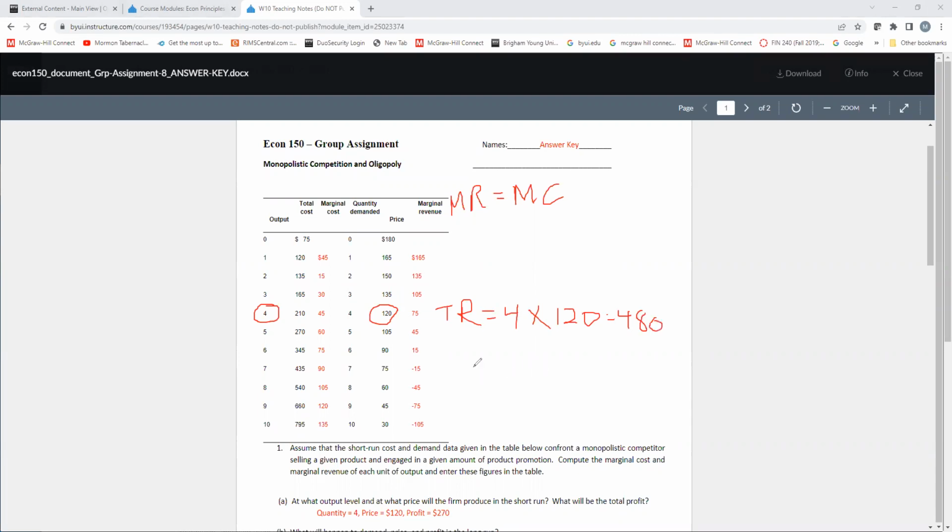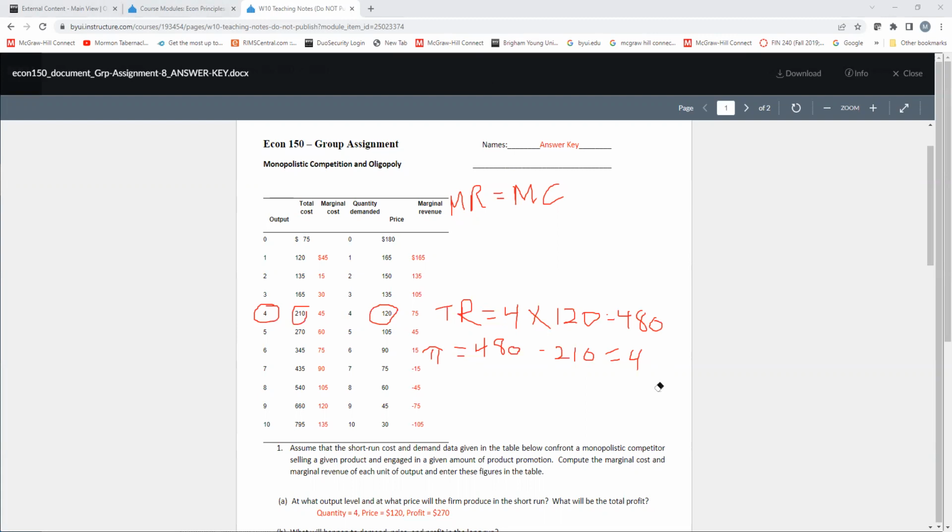And so now we're going to say, well, what is the profit? The profit is going to be total revenue, 480, minus total cost, 210. And so the profit is going to be equal to, excuse me, 270.